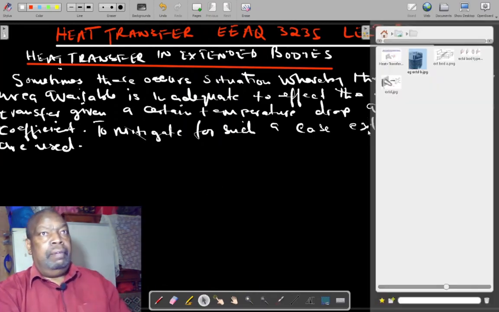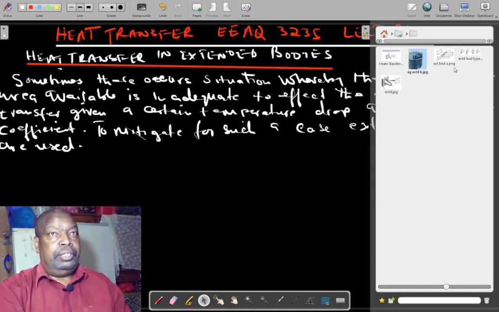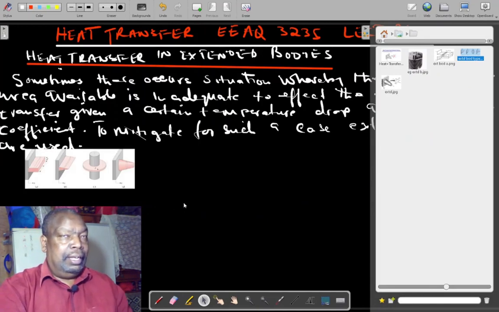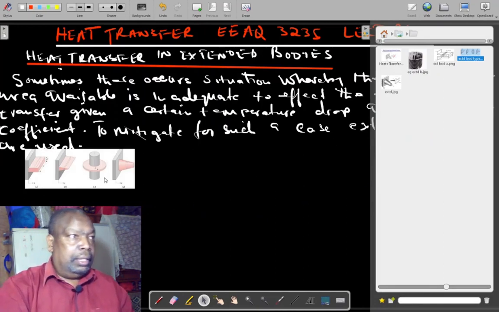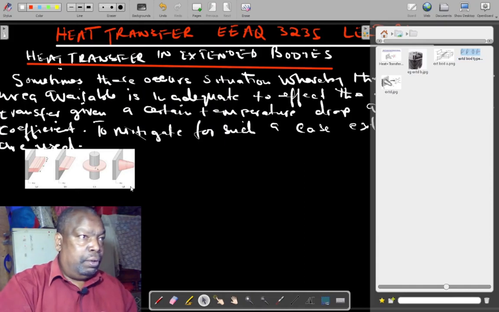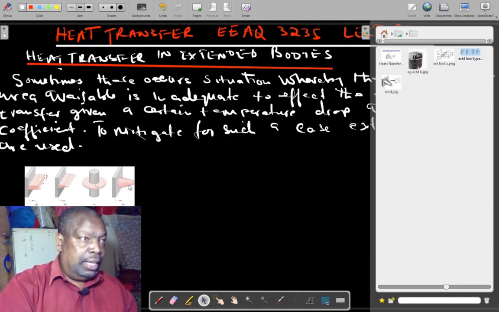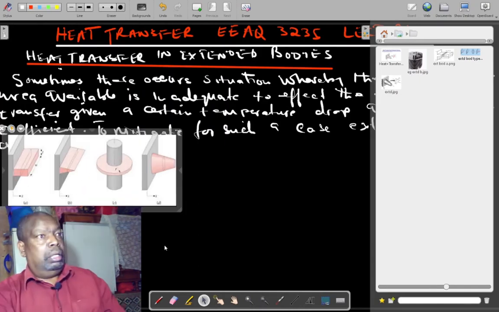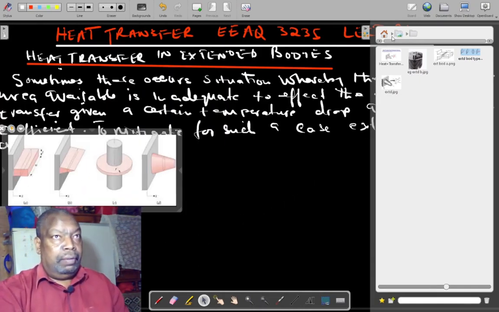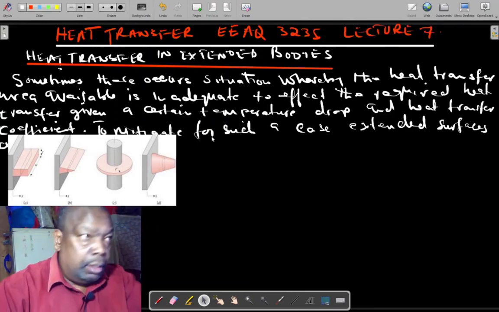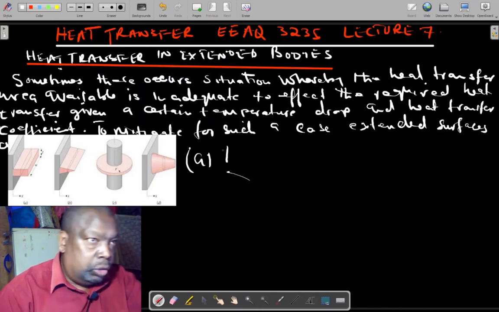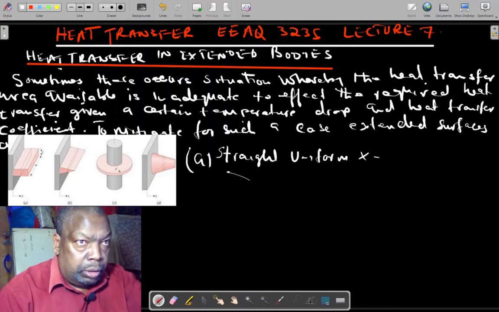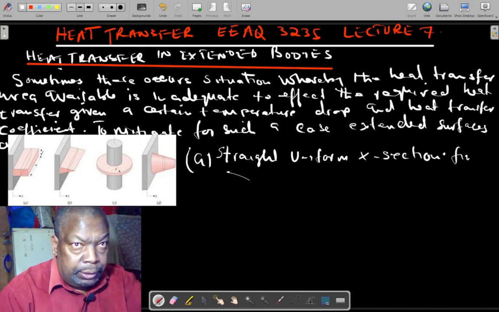And we have a number of configurations for such extended bodies, and I have four configurations here which are the most common. For A, we have straight uniform cross-section fins.